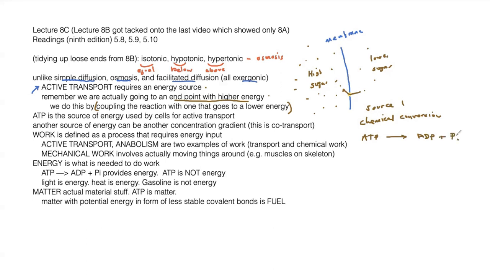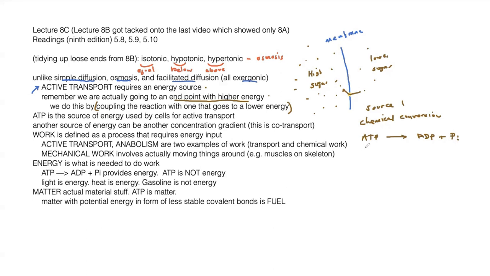Okay, so P subscript italicized i is usually the way that we depict the phosphate that you're cleaving off of ATP. Remember, ATP is adenosine triphosphate, ADP is adenosine diphosphate, tri means 3, di means 2, and so the extra phosphate is simply being cleaved off, right?